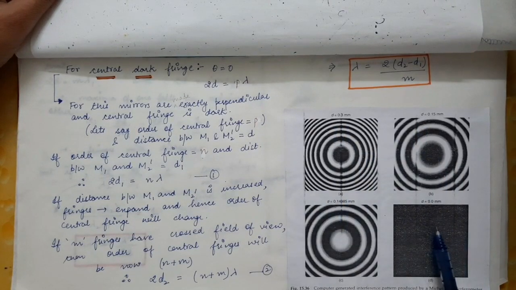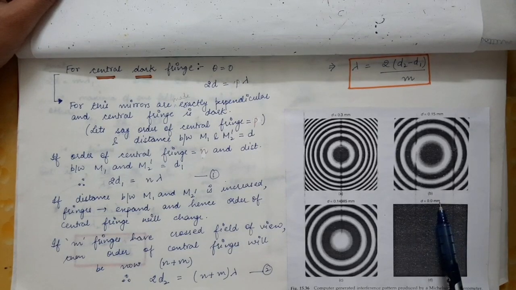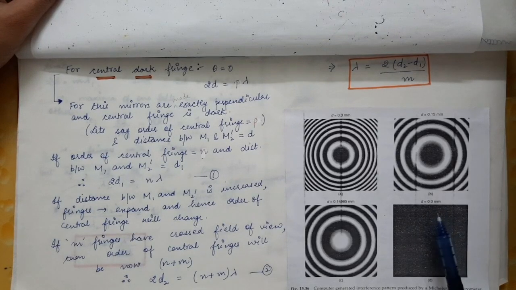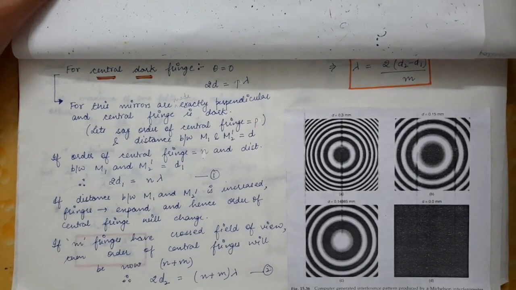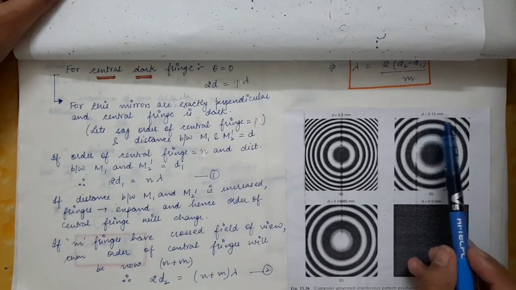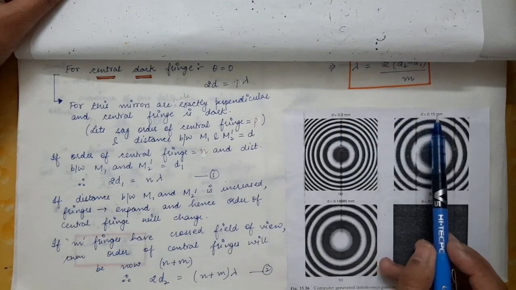Now this is the case for D equal to 0 millimeter, that is, there is no distance between M1 and M2 prime, so they are both overlapping. In that case the whole screen will appear dark, that we have already done. Now when you decrease the distance by a very small amount, here we had decreased the distance to 0.15 mm.